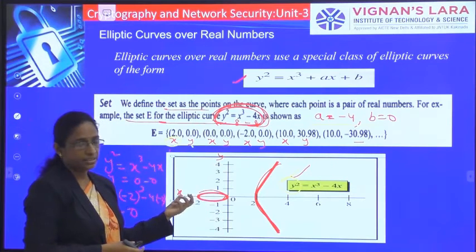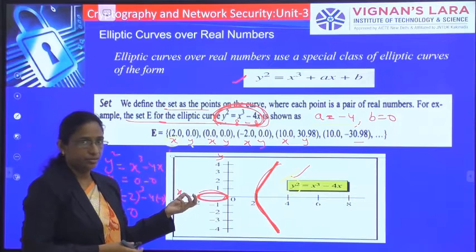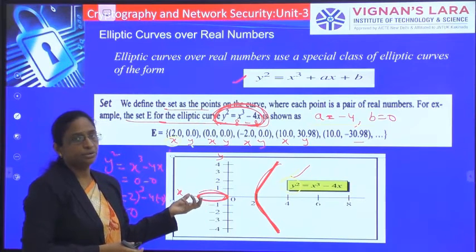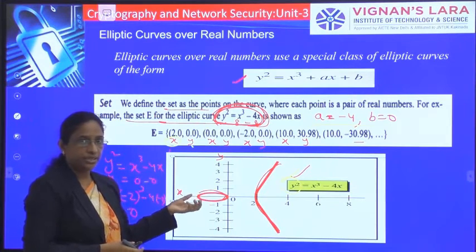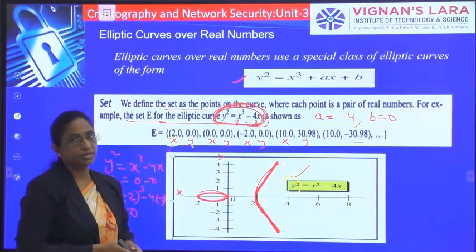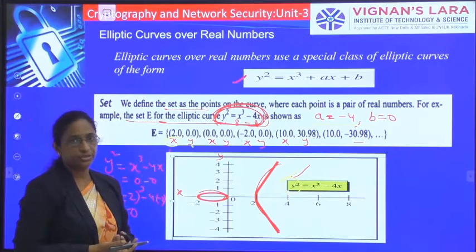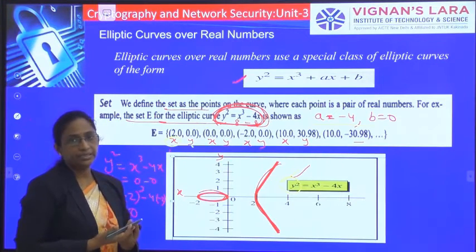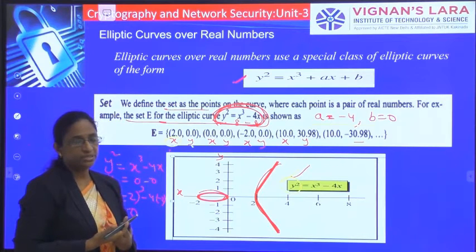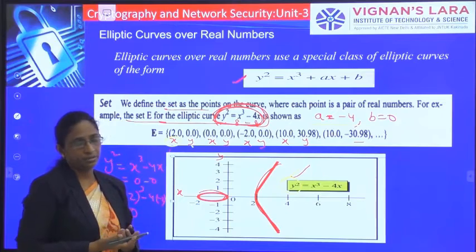So in this crypto system, whatever points you take on the curve will have different arithmetic operations: the addition operation, the doubling, and the additive inverses each have different operations.